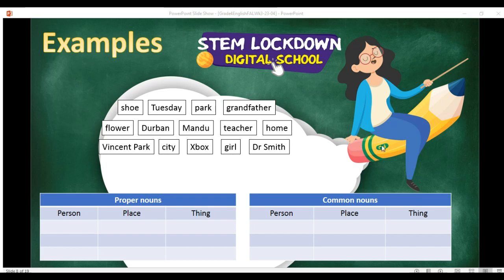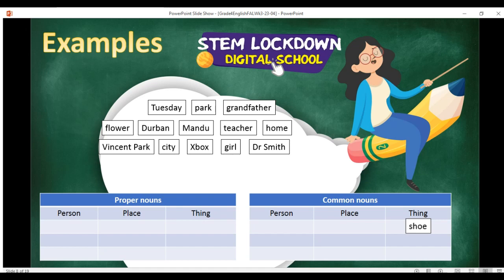So my shoe would be a common noun. But when I place it into the common noun block, what is a shoe? Is it a person, a place, or a thing? So a shoe is something I put on my foot. So it's going to go into the thing column because it's definitely not a person or a place.